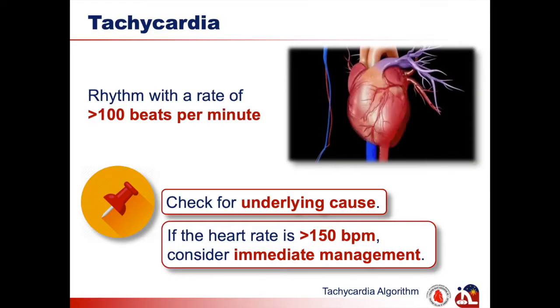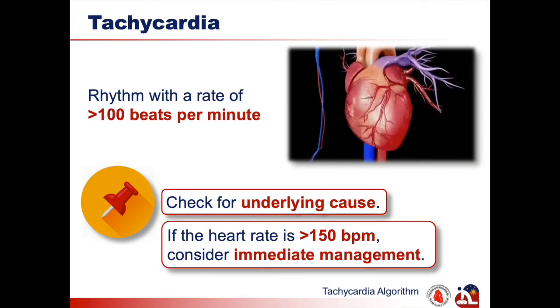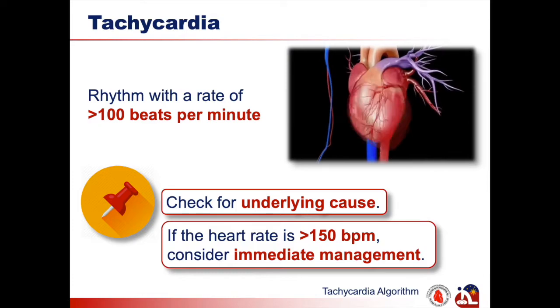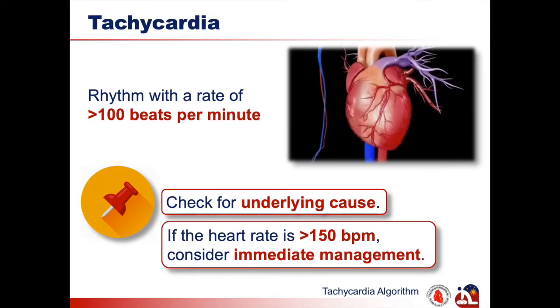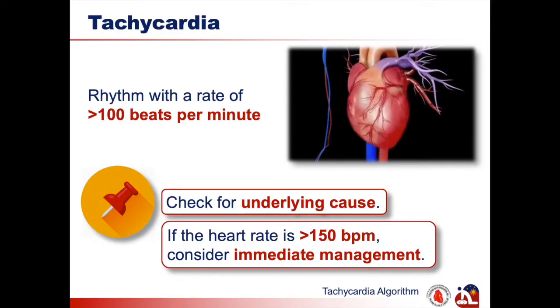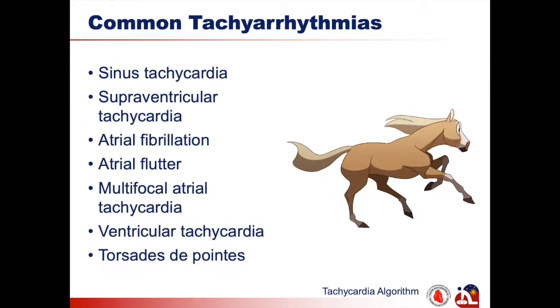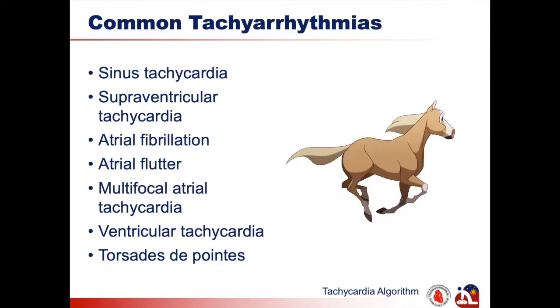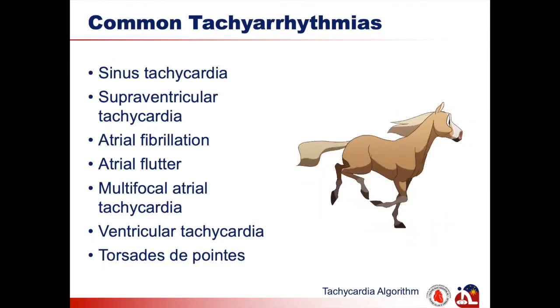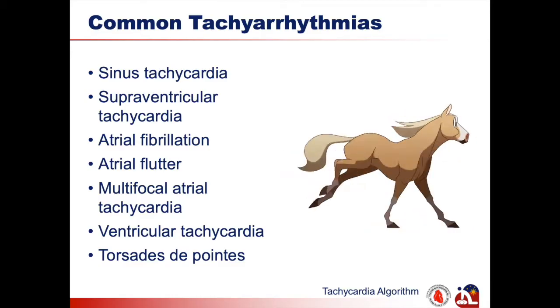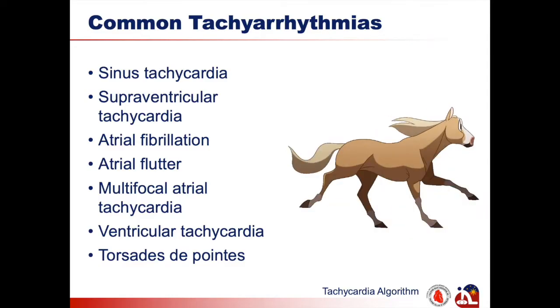The likelihood of hemodynamic instability is higher with faster heart rates. In these cases, you must not only consider treating the underlying cause, but also consider immediate management. These are some of the common and clinically relevant tachyarrhythmias that you may see in clinical practice, and we will review each of them in the next slides.